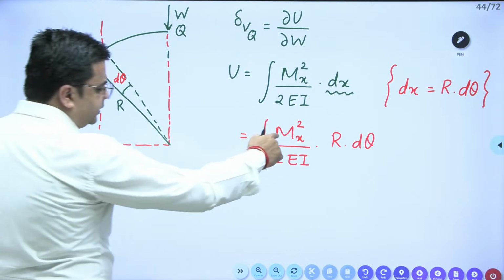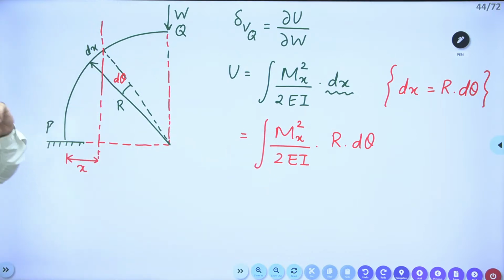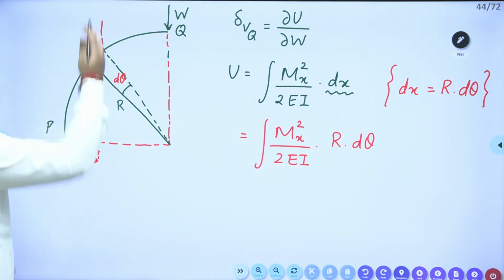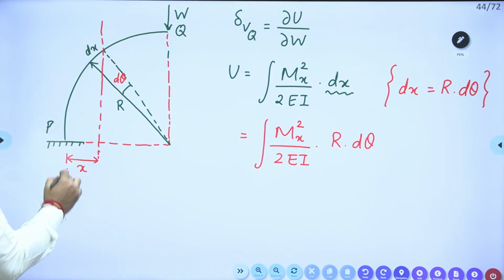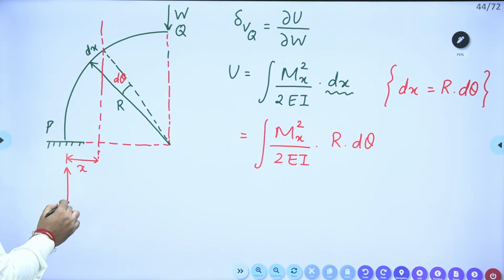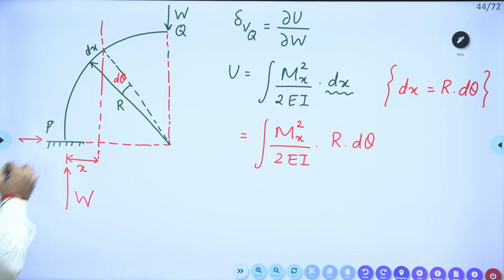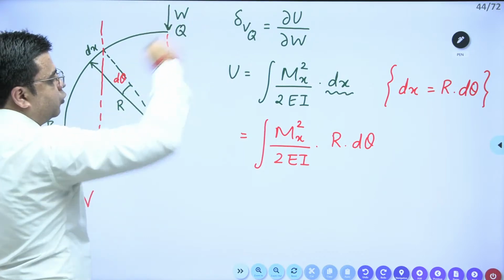Just get me the value of Mx at any section x. So at this section x, due to this vertical reaction, there will be this Mx. This vertical reaction will be equal to W. There will be no horizontal reaction because the summation of horizontal forces must be 0, and there is no horizontal force acting in the system.